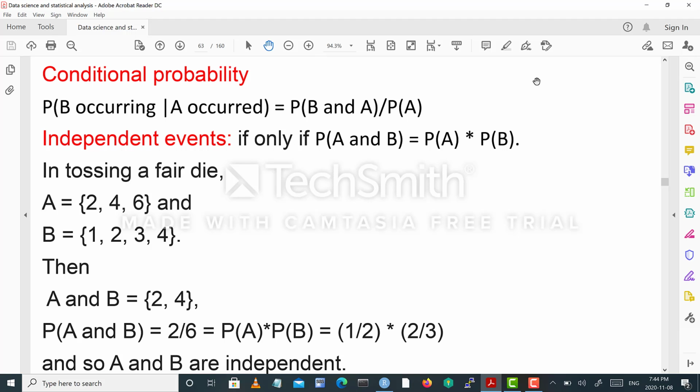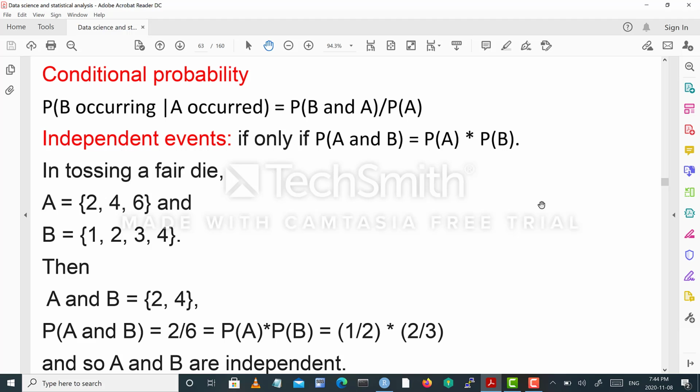Conditional probability. The probability of B occurring given that A occurred is equal to P(B and A) at the same time divided by P(A). Independent events: if and only if P(A and B) is equal to P(A) times P(B).